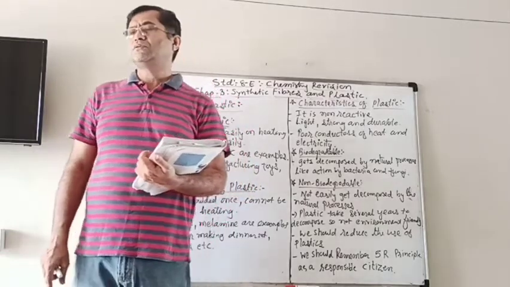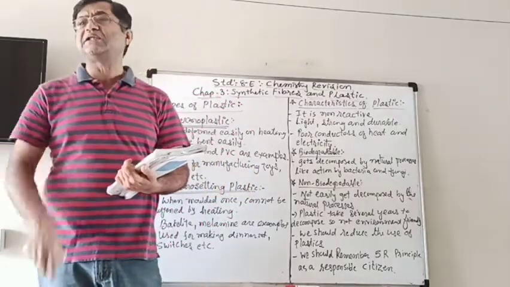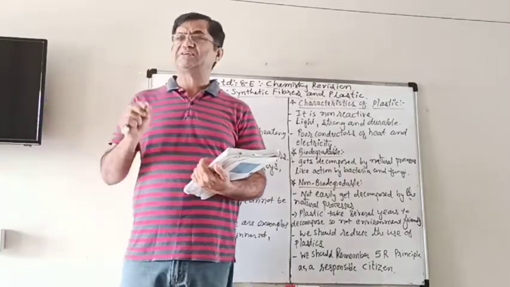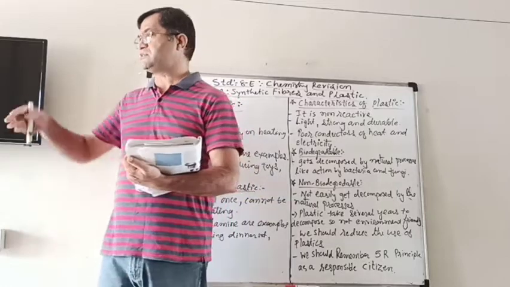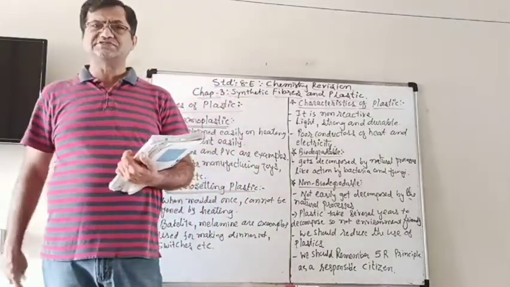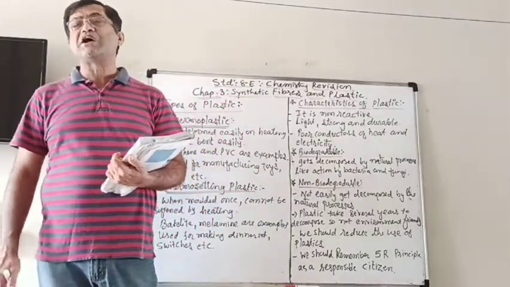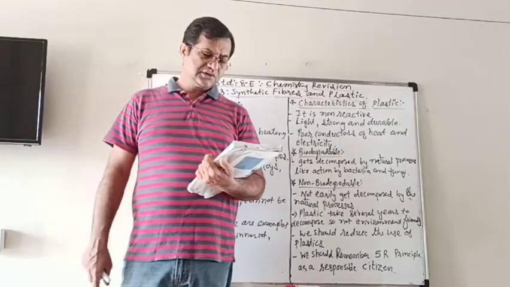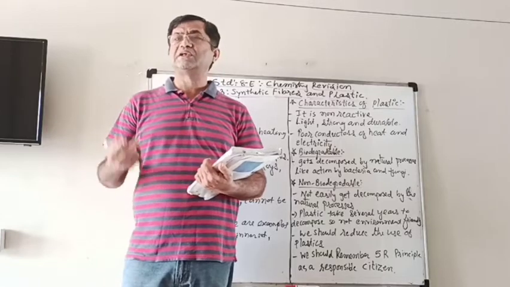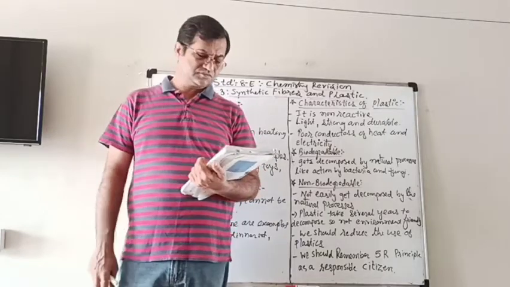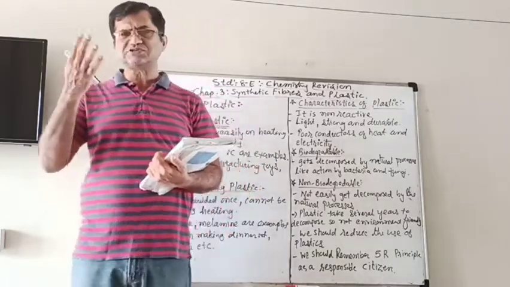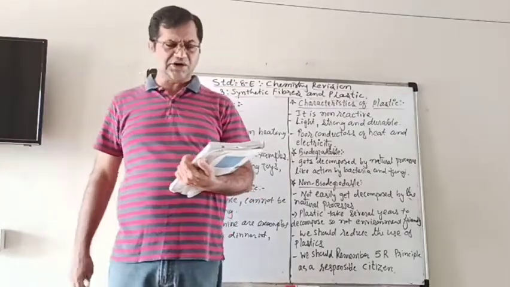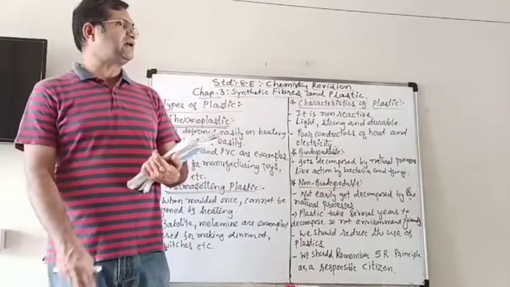If you start making a list that you use plastic in these materials, in these containers or other places, then there will be a very, very big list, and maybe some materials will be remaining, because it is used everywhere, like in the slippers, in the furniture, in the decorative items.